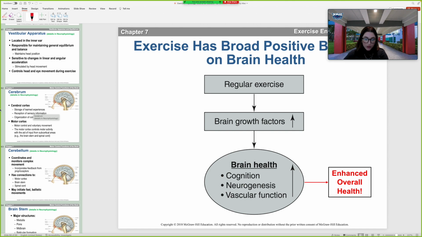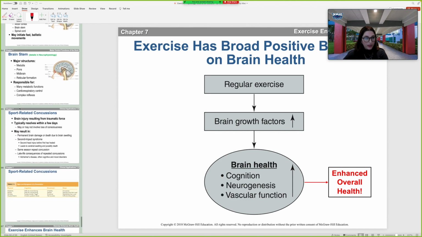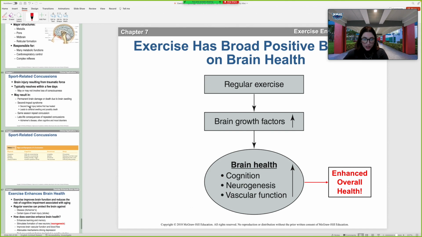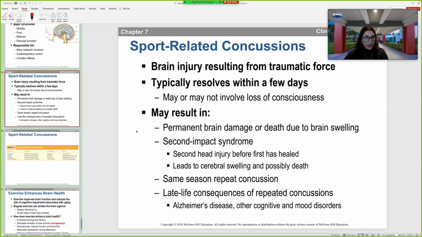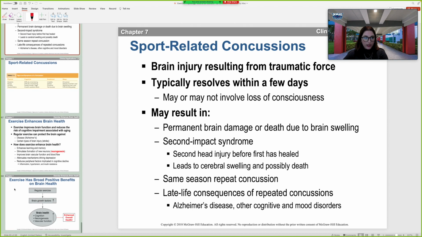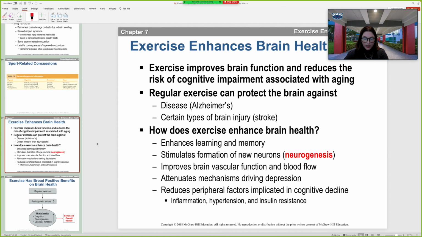I also want you to know the potential implications of concussions. We can have swelling, we can have death, we can have diseases, mood disorders. And then I want you to know the potential benefits of regular exercise on brain health. So I want you to know basically these bullet points right here.